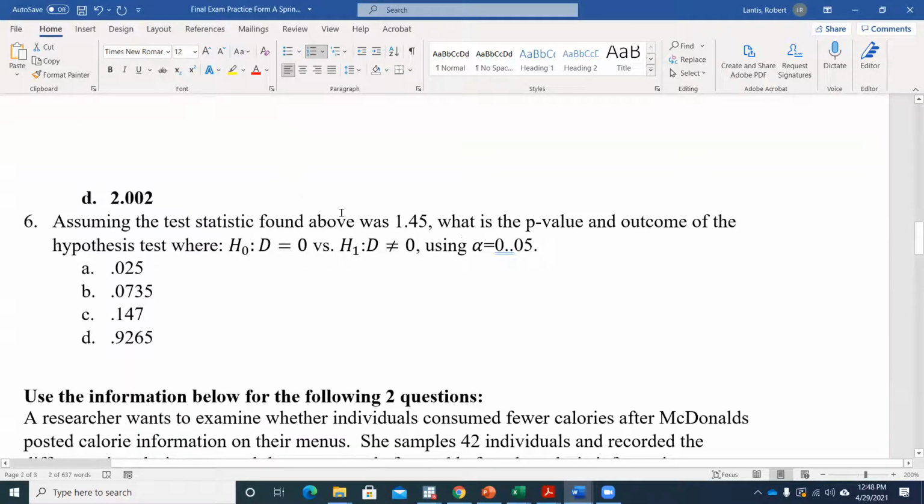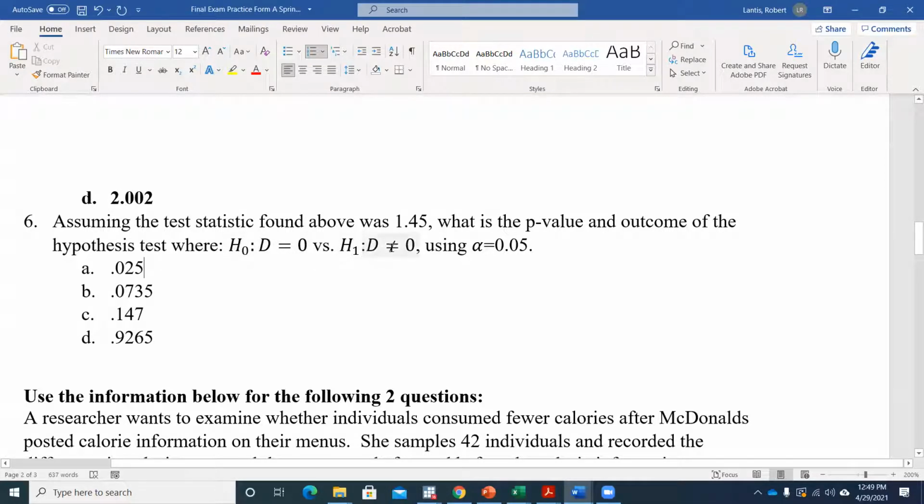From there, if you had gotten that wrong and I start to ask you about critical values or rejection decisions, it's going to be really hard to get those right. So instead, I'll give you an assumed true test statistic. Let's say you found the test statistic was 1.45, and you're testing against an alpha of 0.05. What's the p-value, and what's the outcome of the test? I didn't include that in the answer, but we'll walk through that together.